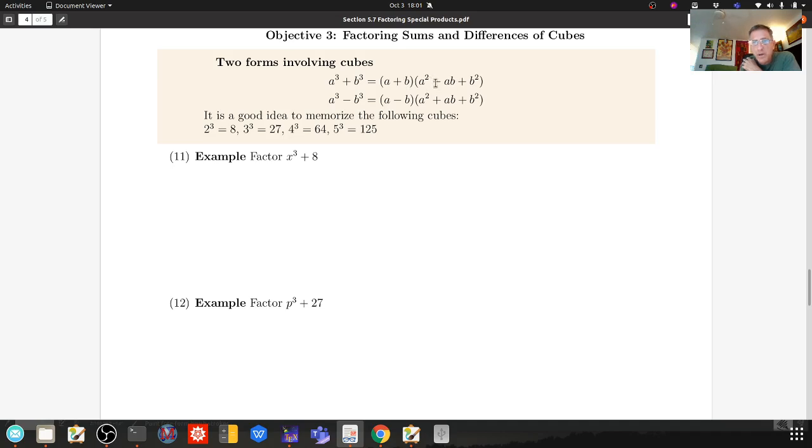So this part right here is almost like a perfect square, but there's no factor of 2 in there. It's not a squared minus 2ab plus b squared. And the minus there is rather surprising because you have a plus there. And then a cubed minus b cubed is a minus b times a squared plus ab plus b squared.